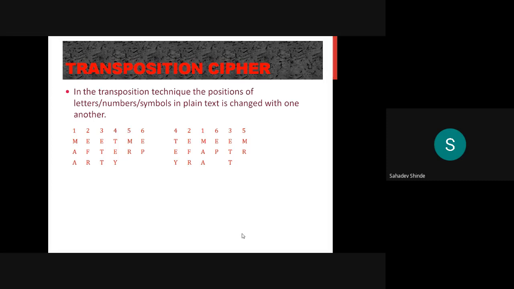There is a difference between substitution ciphers and transposition ciphers. Like the substitution cipher, for which we studied four to five different techniques, in the transposition ciphers also we have different types. So what are those different types?